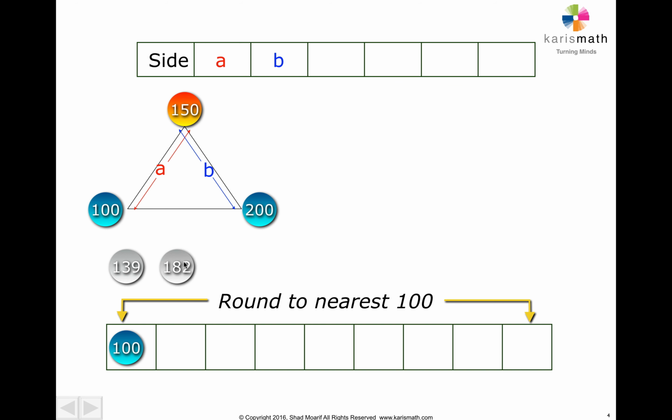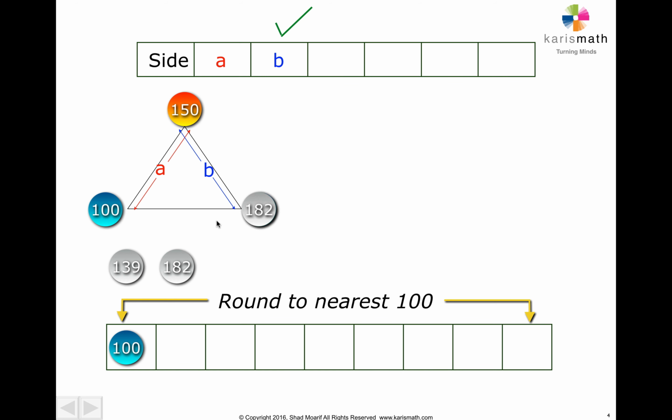Here's a number, 182. Which slope will it fall on? Slope A or slope B? Remember, all the numbers between 150 and 200 fall on this slope. Very good. So this will fall on slope B, and it will roll towards 200.